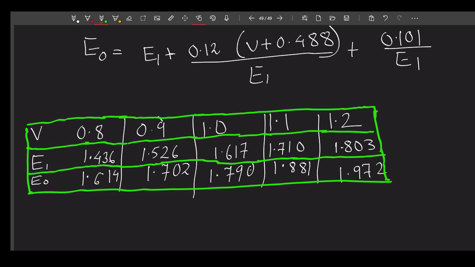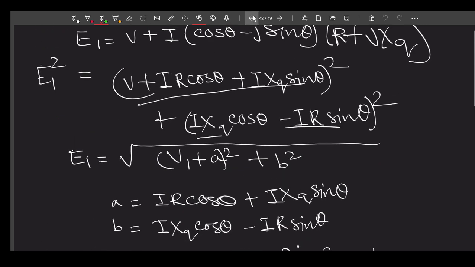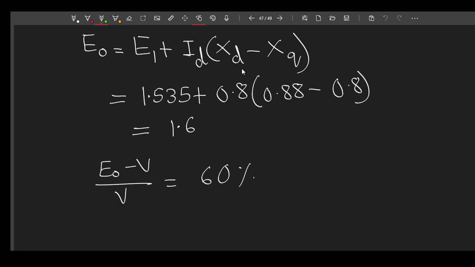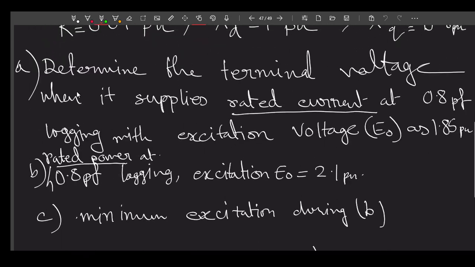Now what is the matter here, for which value, see here it is clear that if we go back to the problem from which we started our discussion, it was given that determine the terminal voltage, means which voltage, it is talking about Vt or V. When it supplies rated current, that means I is equal to 1 at 0.8 power factor lagging with excitation voltage E naught as 1.85.